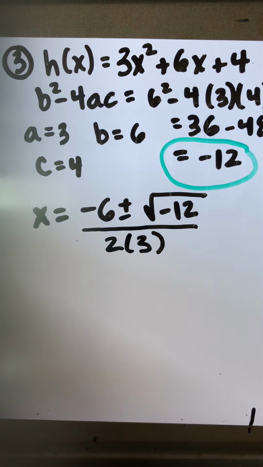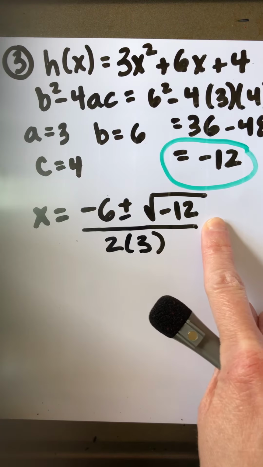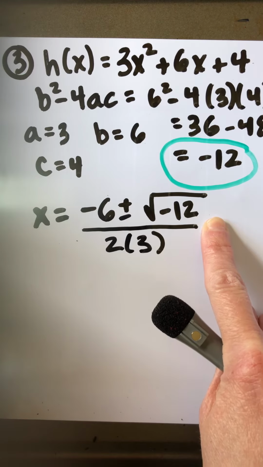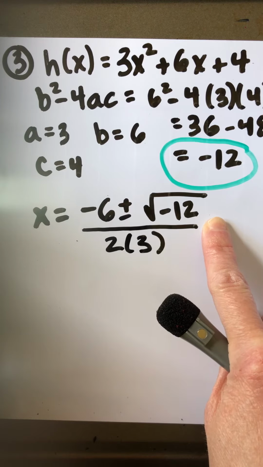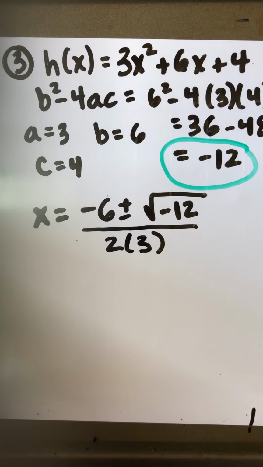There's no way that I can square any number and end up with a negative result. And so I cannot calculate this square root using the real numbers that we know and love.